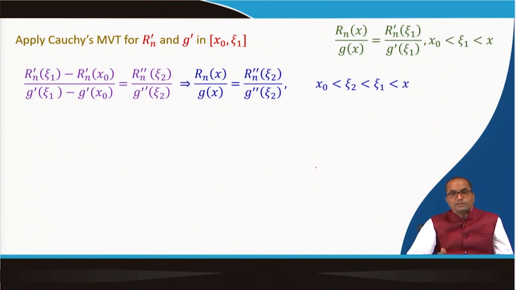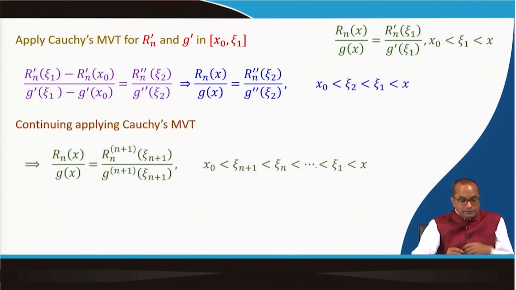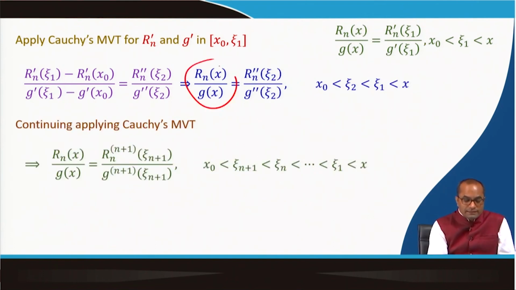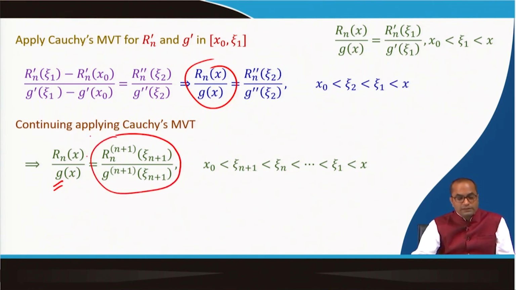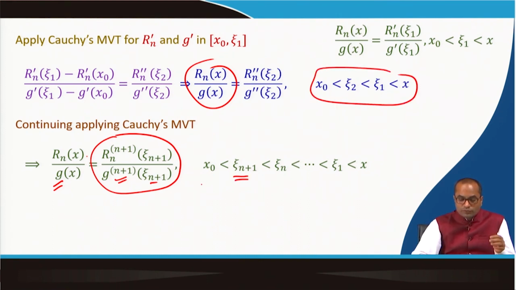We can continue this construction, and what we will realize at the end is that Rn(x) over g(x) is equal to the ratio of the n plus 1th order derivatives at xi n plus 1, where xi n plus 1 moves towards x naught.